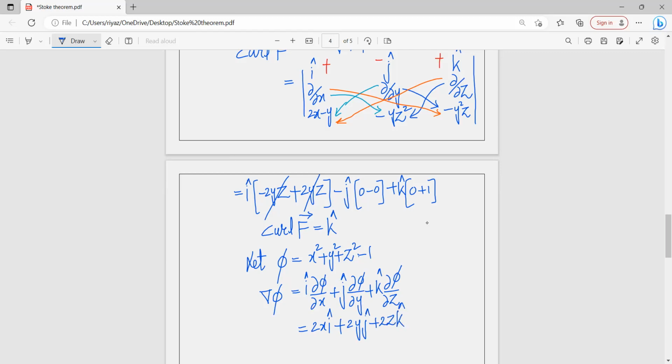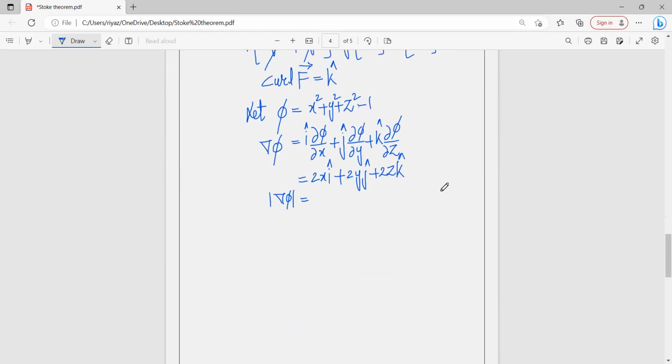Okay, and now let me do its magnitude also altogether. Magnitude of del phi is under root of, what is the rule? i coefficient whole square plus j coefficient whole square plus k coefficient whole square. That is 4x square plus 4y square plus 4z square.